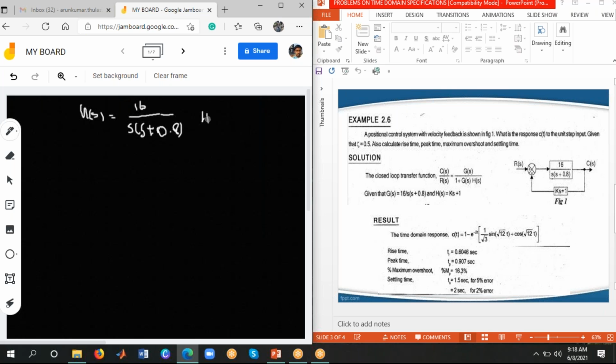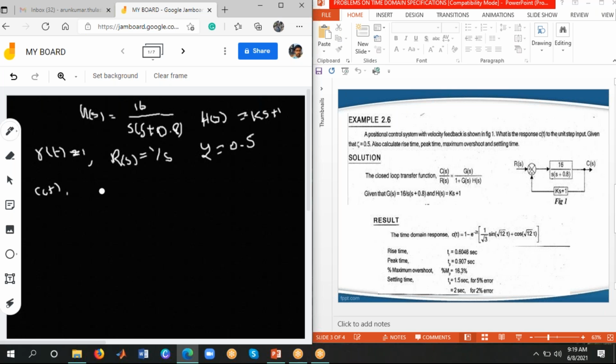H of s is ks plus 1. Then it has a unit step input, r of t is equal to 1, and R of s is equal to 1 by s. The zeta value is given here as 0.5. Now we need to find C of t.